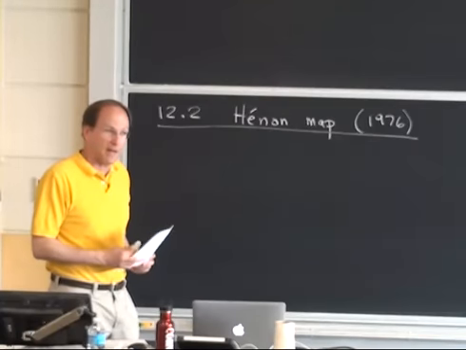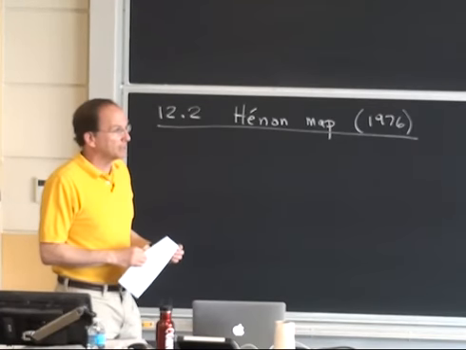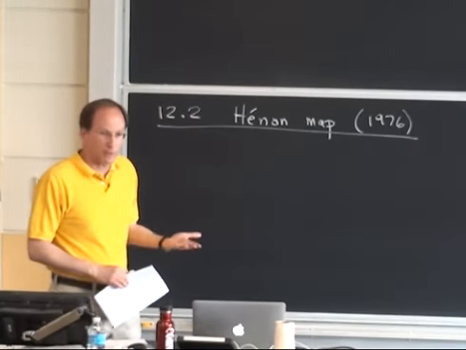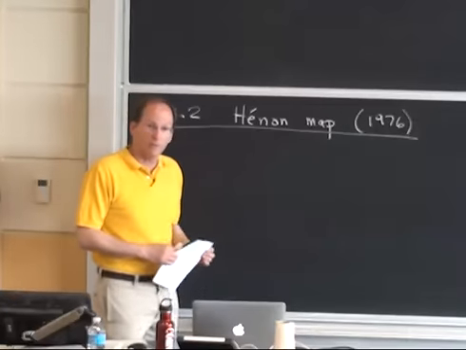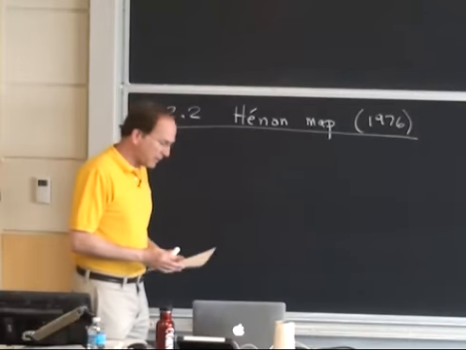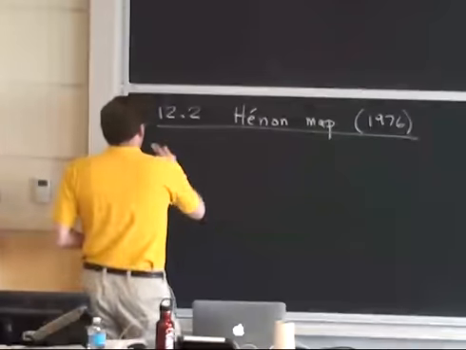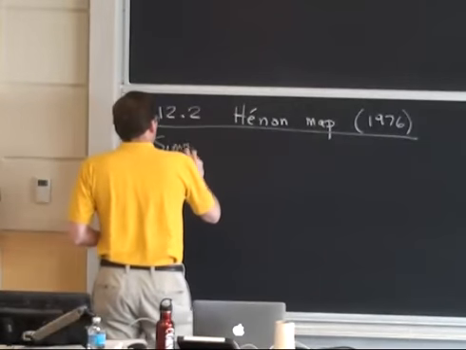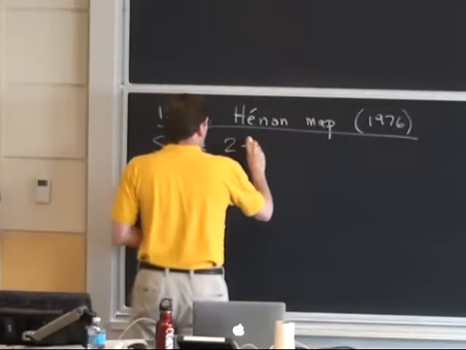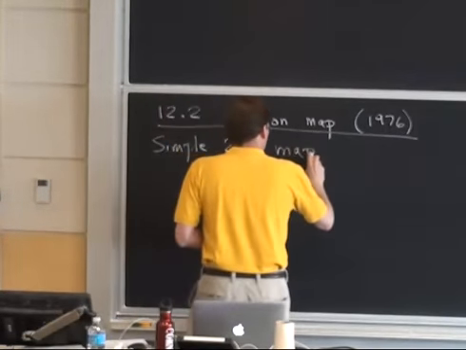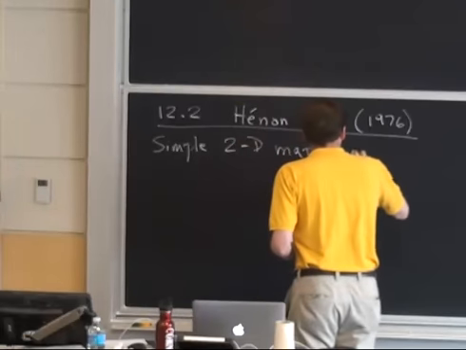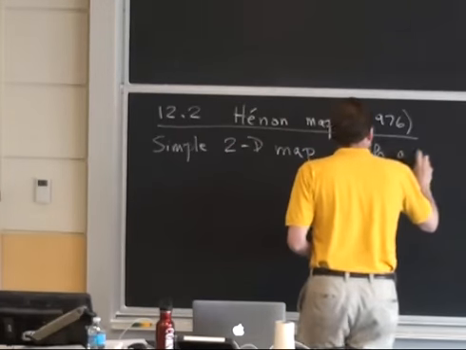Let me do an iterated mapping, except instead of the one-dimensional mappings we talked about earlier, he's going to create a two-dimensional mapping. And he wanted it to have adjustable amounts of contraction so he could see what was going on. So the Hénon map is a simple two-dimensional map that does have a strange attractor by design.